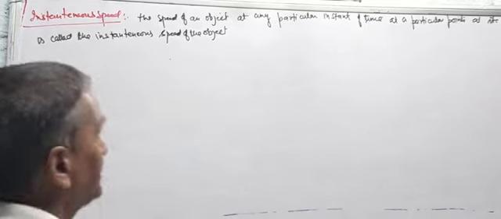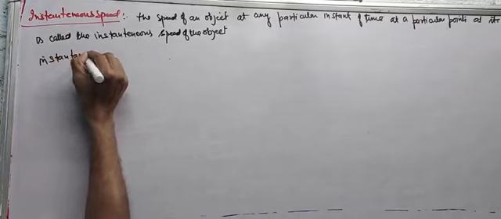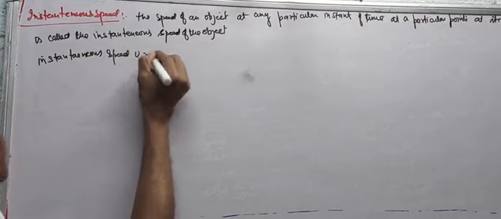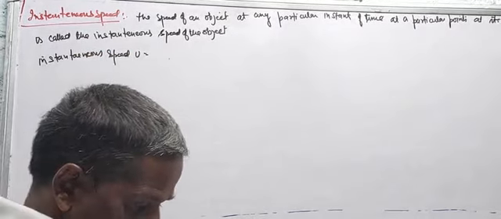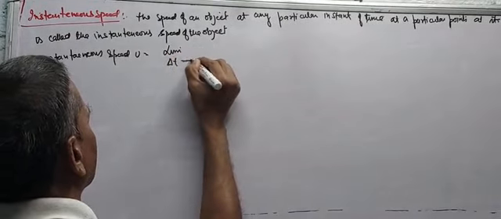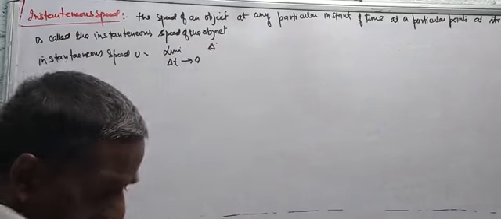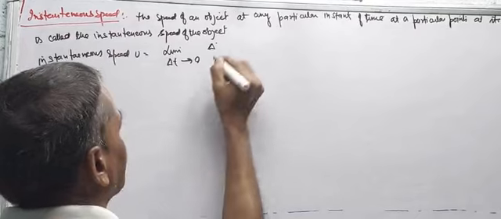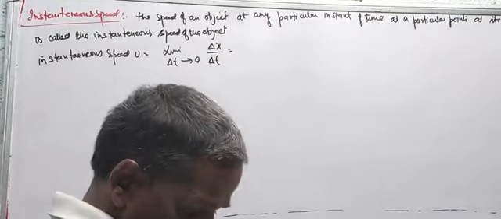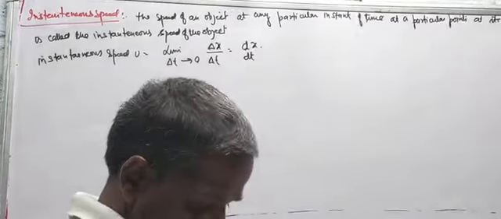Instantaneous speed v equals limit delta t tends to 0 of delta x upon delta t, which becomes d/dt of x.